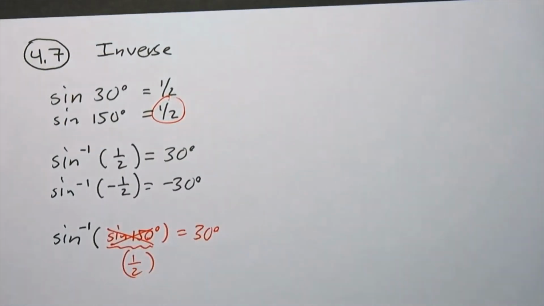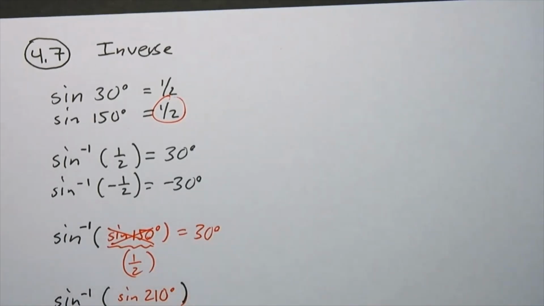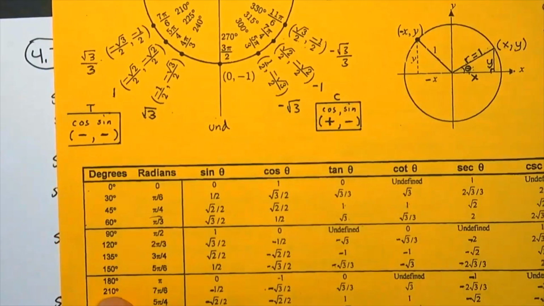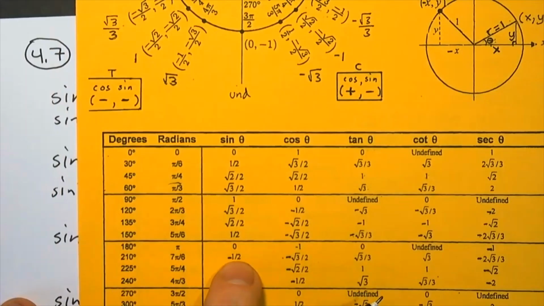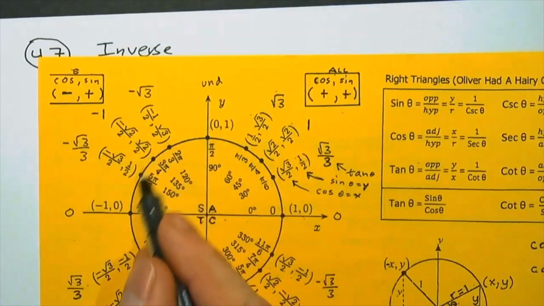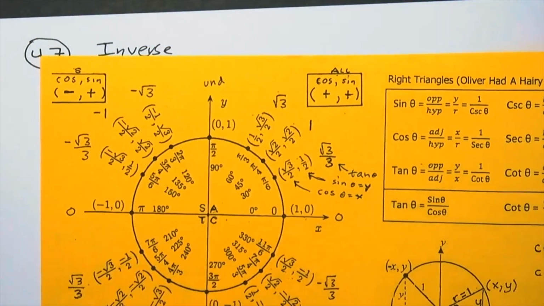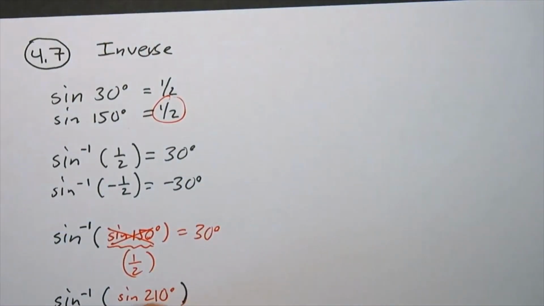And here's one last one. If I go second sine of sine of 210, we'll close it up. It's going to go, well, what's sine of 210? We could look at our sheet and see 210 is -1/2. So it's going to go, this is -1/2. Okay, well, what angle is -1/2?